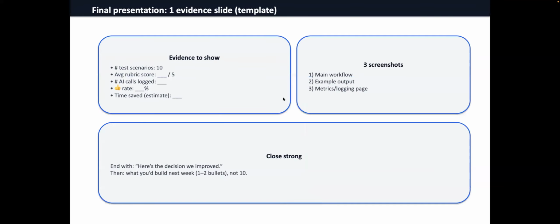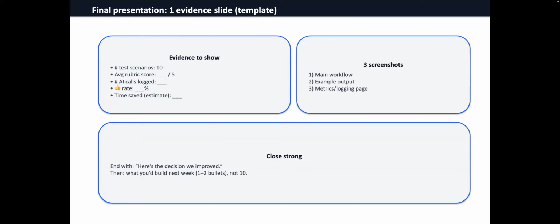Okay. For the final presentation, this is a framework for the presentation, right? You can show how many tests you have run, what the AI calls rated, what the positive rate for all the AI calls is, what the time saved is, what the main workflow is, the example output, the metrics, and also you can have a final closing statement.